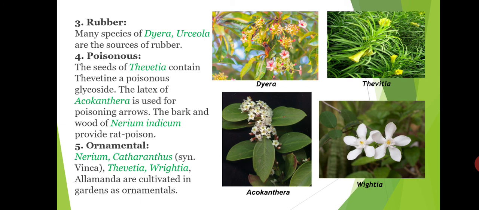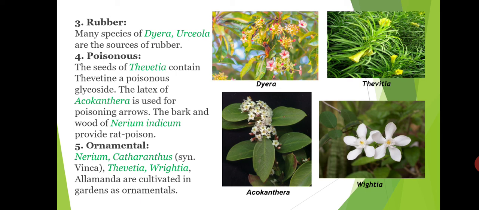As part of the review, remember the diagnostic characters of this Apocynaceae. That is, once again, plants usually with milky latex, leaves simple, opposite and mostly exstipulate, and decussate condition is also there, whorled phyllotaxy is there, and the flowers are bisexual or hermaphrodite, actinomorphic, hypogynous, presence of coronary outgrowths on the corolla, that is important.